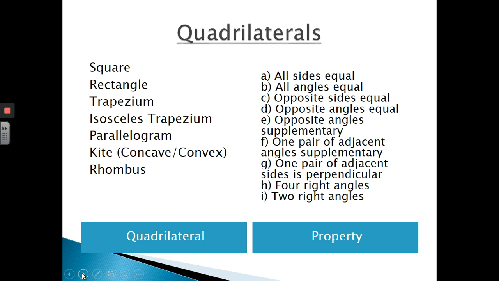Okay, another area that children will look at is quadrilaterals. So reflect on your learning so far about equivalence and transformation. A nice resource to use for an activity like this would be pegboards.